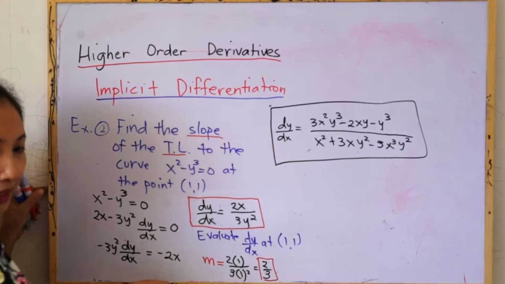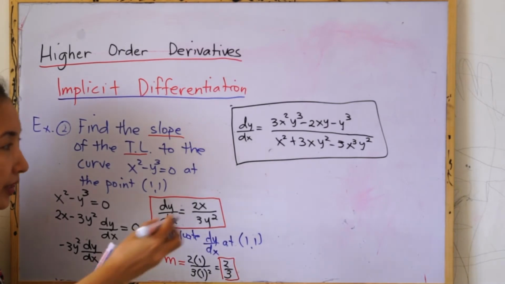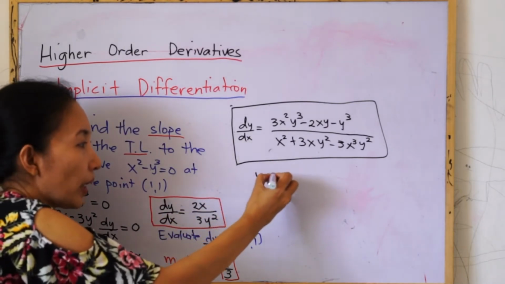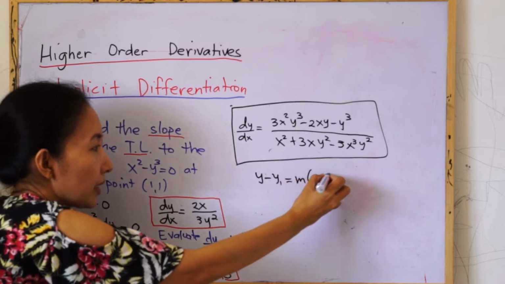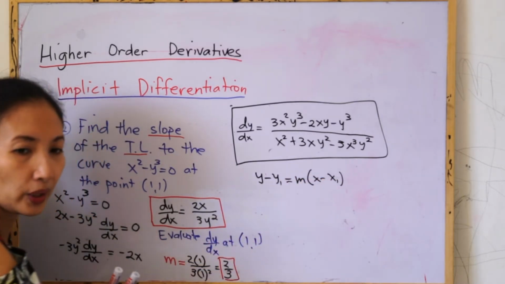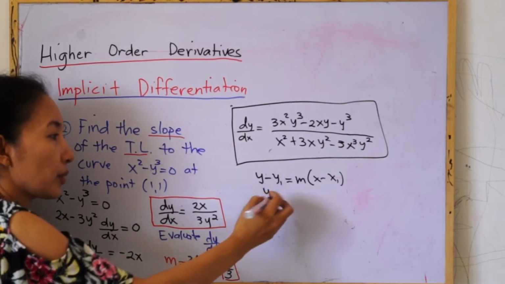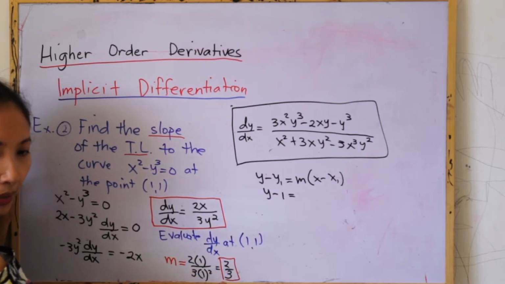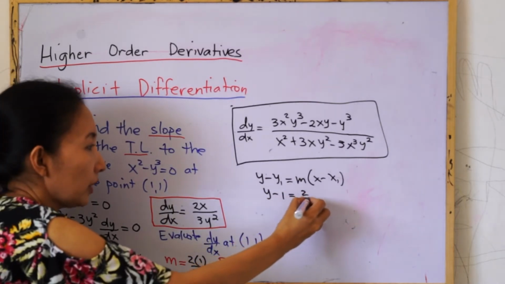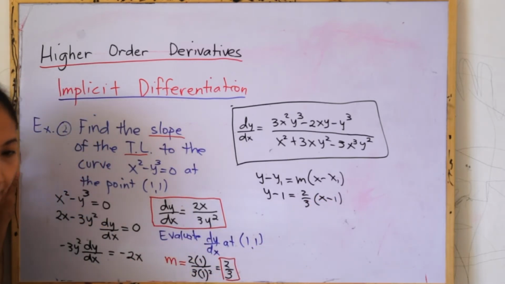Okay, remember the point-slope form? Point-slope form says y minus y sub 1 is equal to m times x minus x sub 1, from your pre-calculus. So y minus y sub 1, which is 1, equals the slope, which is 2 over 3, times x minus 1.